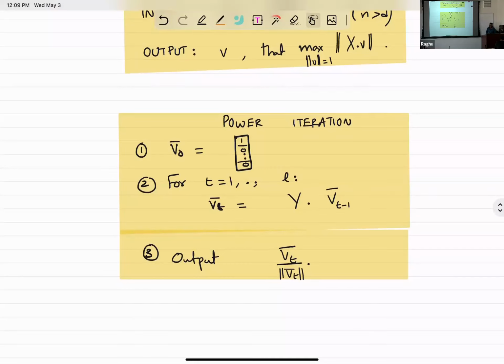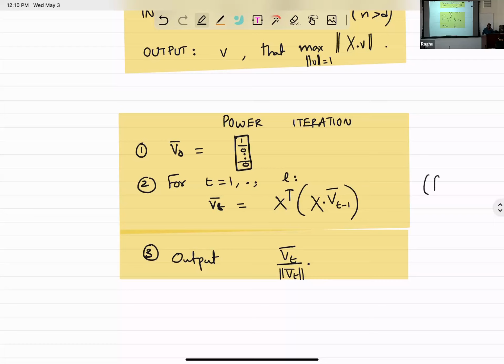Okay, and remember, Y itself was X transpose X. Okay, so once again, how should you compute this matrix times this vector? Should you multiply these two matrices? No, right? Because that's way too expensive, unnecessary. So the way you write it is this way.